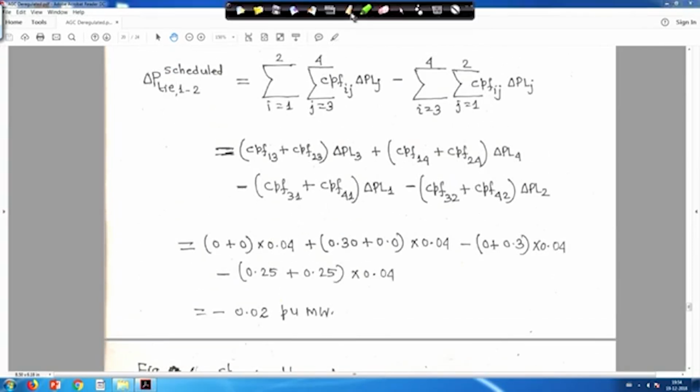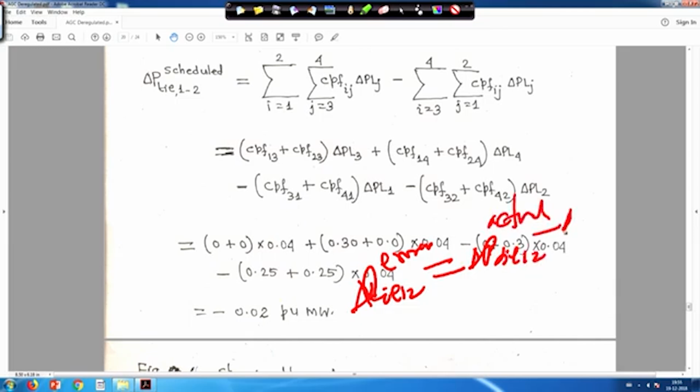We know that delta P tie 1-2 error is equal to delta P tie 1-2 actual minus delta P tie 1-2 schedule. But at steady state, delta P tie error has to be 0.